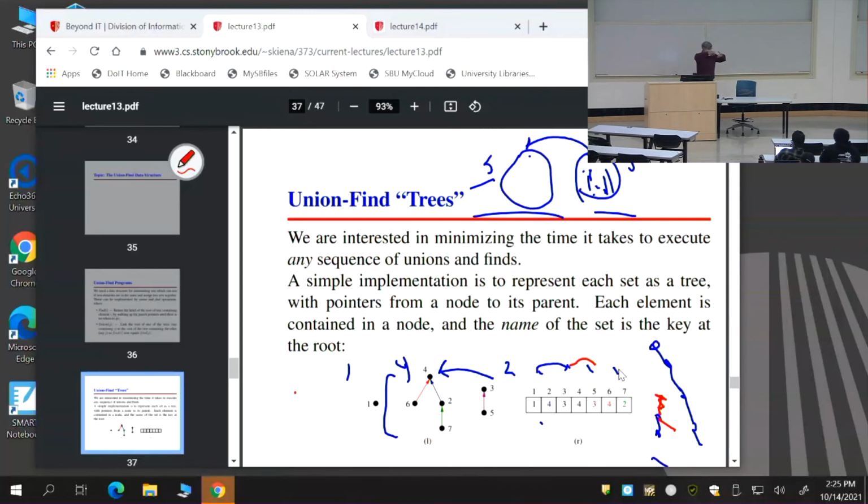The only way I'm going to do a merge is if the small guy merges to the big guy, or a merger of equals. Okay? So the height only increases on a merger of equals. Any questions about that? This is kind of clever.